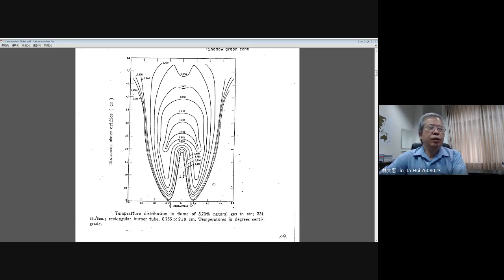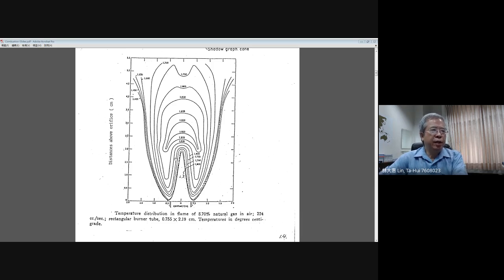Luminous zone is usually used to identify the location of a diffusion flame, because the diffusion flame has the yellow color, and the luminosity is better to represent it. But for the blue premixed flame, it is better to say this zone is a visible zone.